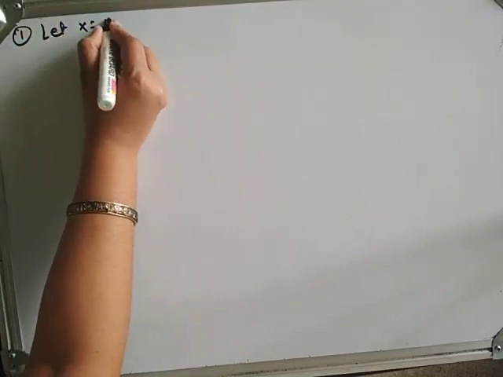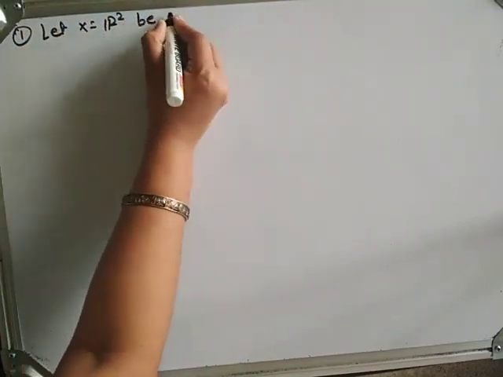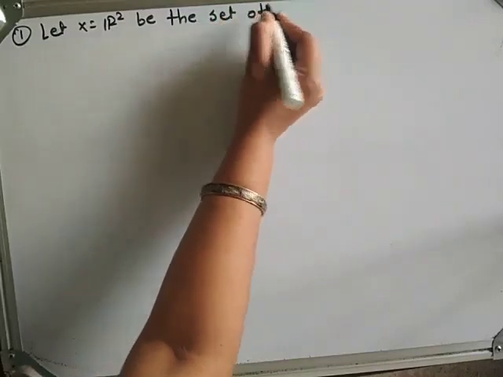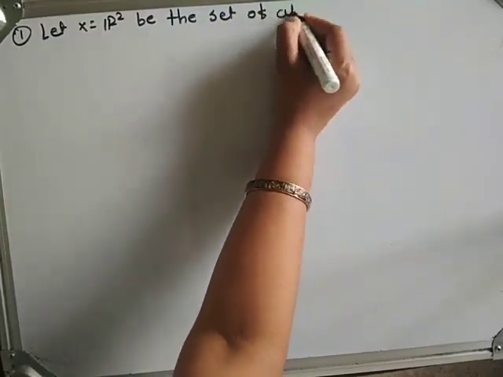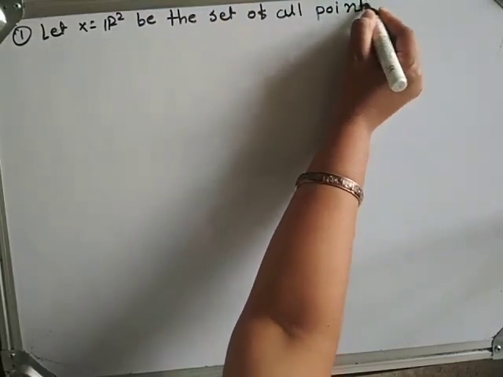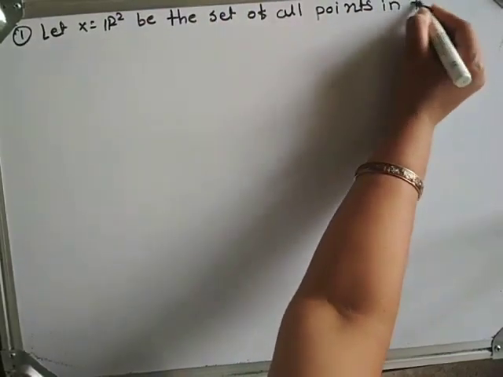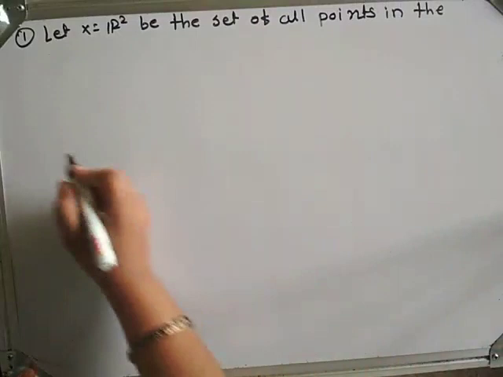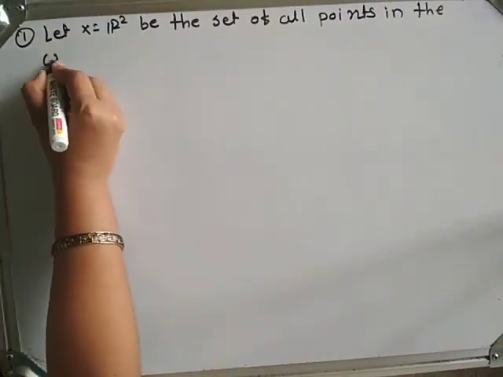First example: let X = R2 be the set of all points in the coordinate plane.